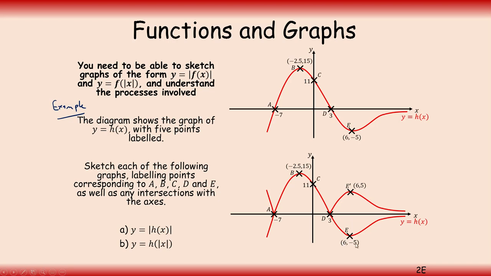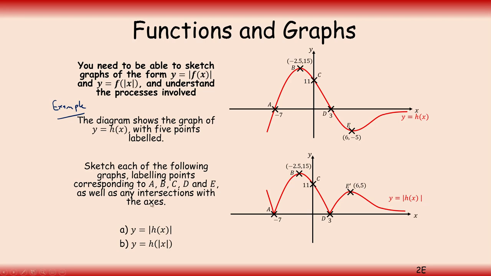And it's 6 minus 5, so across 6, down 5, so the reflection is going to be across 6, up 5. Good, that's your y equals modulus of the function.